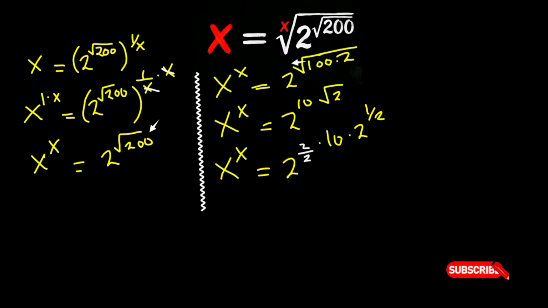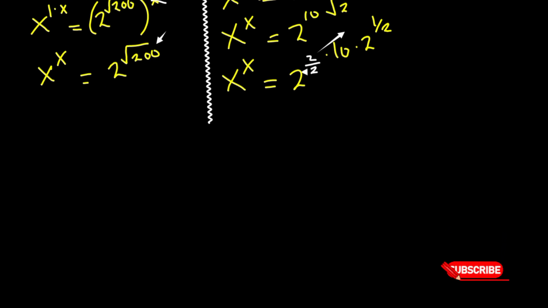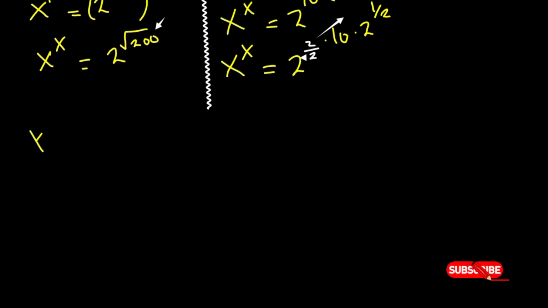Now let us smartly share this power. Let 1 over 2 come to 2, then 2 multiplies 2 to the power of 1 over 2. So when we do this, we are going to have x to the power of x equals 2 to the power of 1 over 2, then times 10 times 2, then times 2 to the power of 1 over 2.